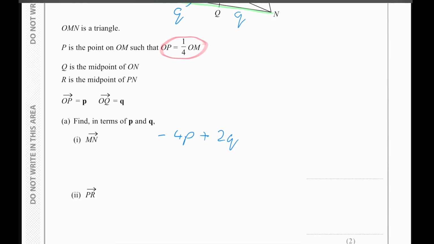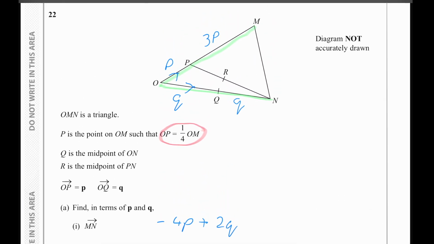Now we need to find P to R. Okay, so I don't have P to R, clearly, but if I found this entire length there, I know that PR is then just half of it, because it's the midpoint.